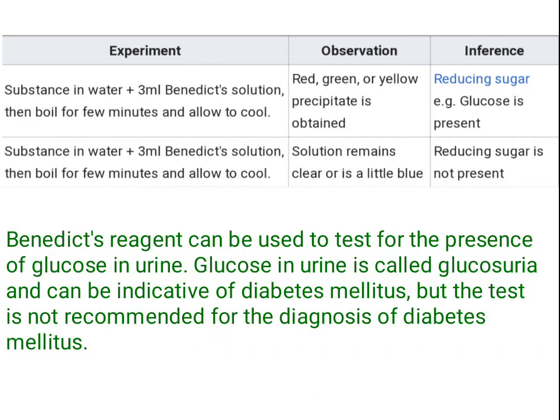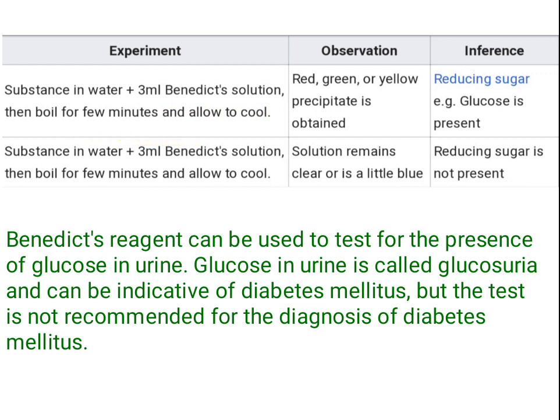Now this is an experiment to understand whether you have a reducing sugar. You put the substance in water and then add 3 ml of Benedict solution, and then you have to boil for a few minutes.